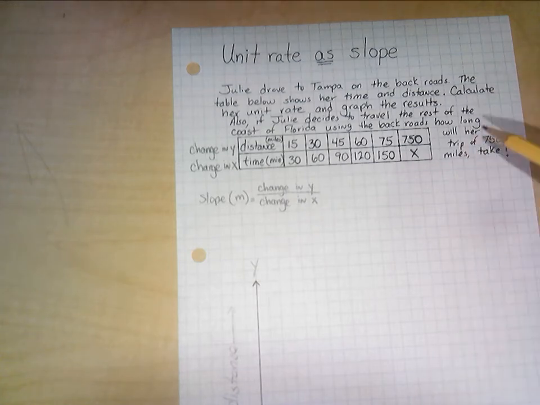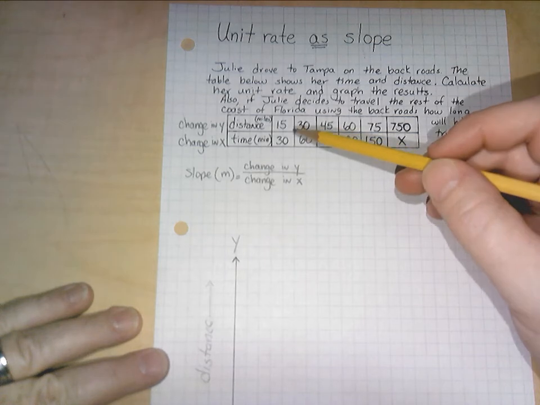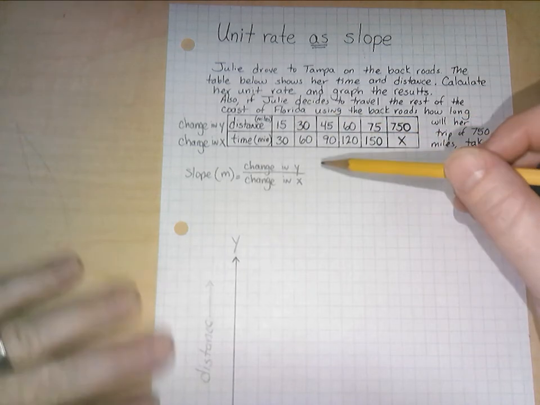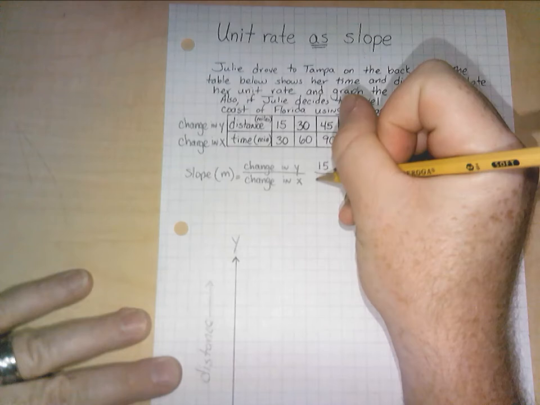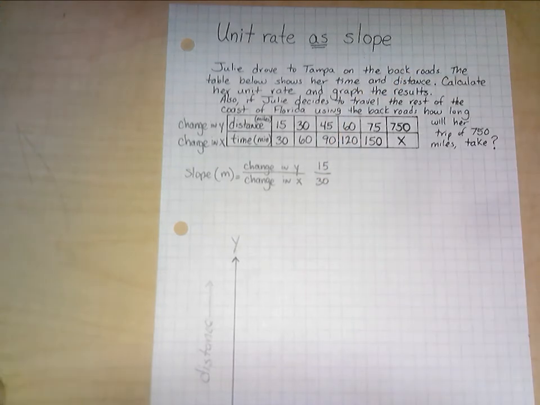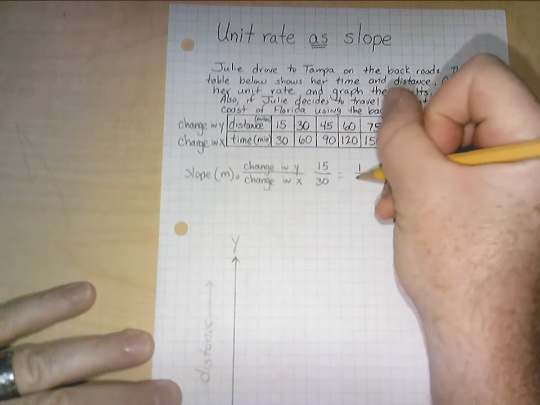This typically works well in proportional relationships. So if we put 15 where y is, and we put 30 down below, we can get some kind of rate. Now if we put this in lowest terms, we get 1/2.